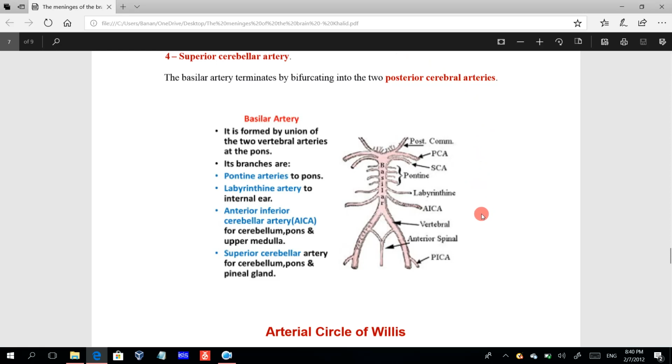Now, as we said, the vertebral arteries and the internal carotid arteries form anastomosis between their branches. As a result of this anastomosis, we will get the circle of Willis, which is the anastomosis between the vertebro-basilar system and the internal carotid system.